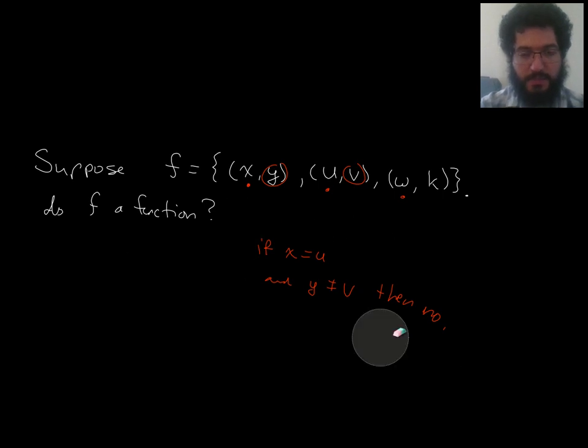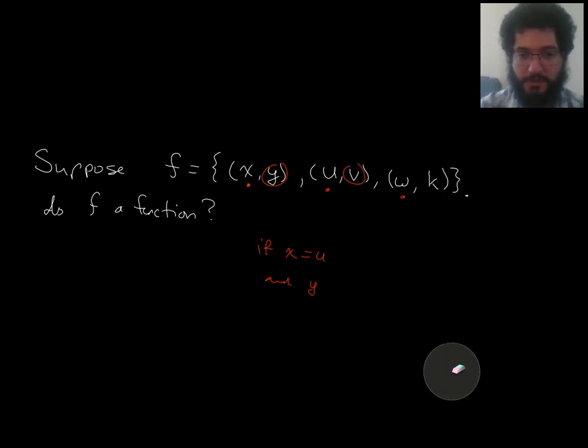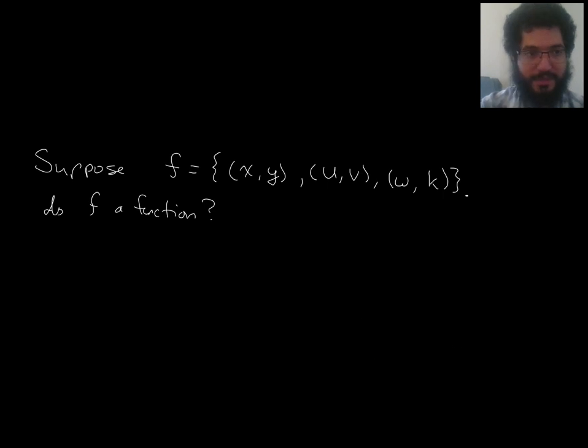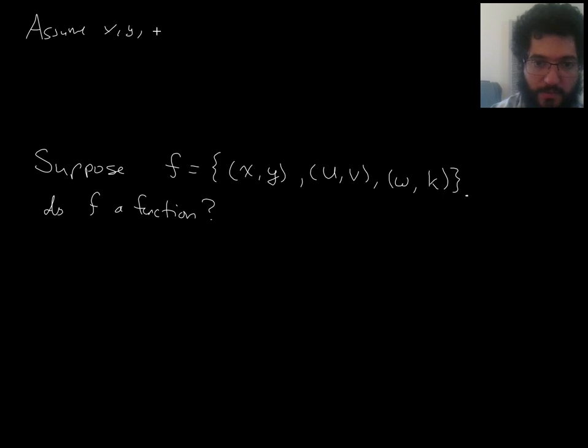So this kind of discussion is difficult to get into when you don't know much about the variables. This is why I'm putting an assumption at the very top, which is that all the variables are distinct. No variable is equal to another one in this context. So assume x, y, u, v, w, k are all distinct.